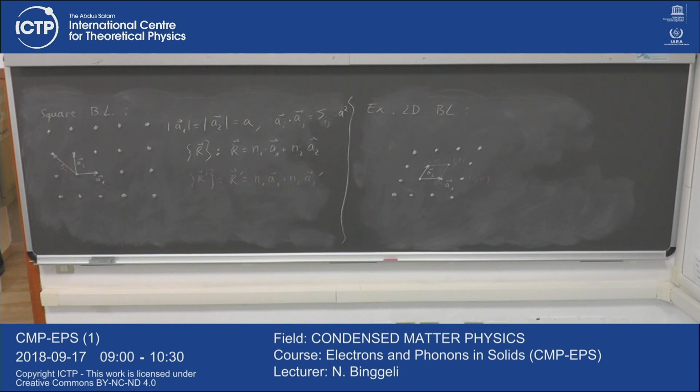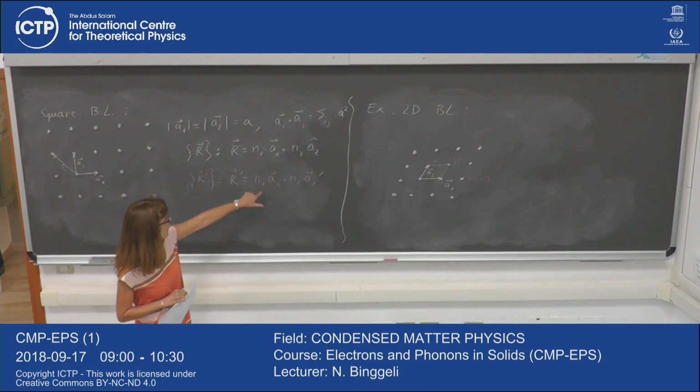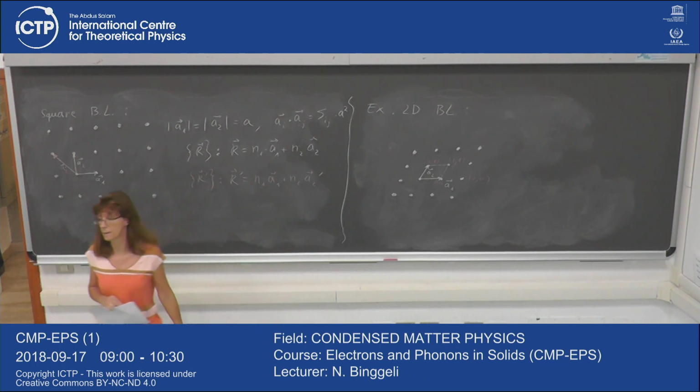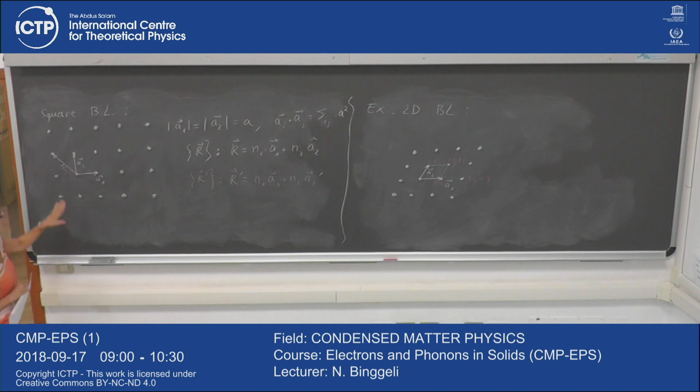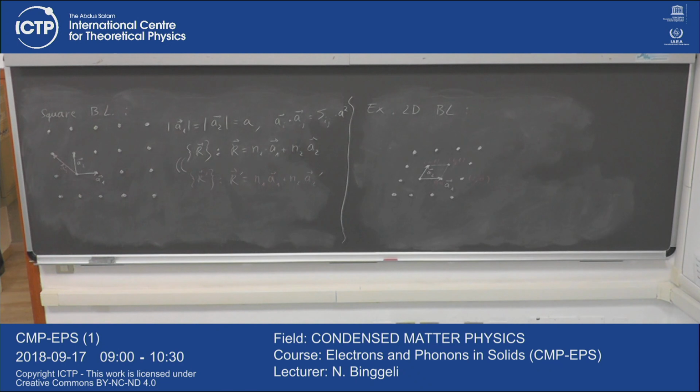Okay, for everybody? So if I construct the points R prime with this, I will map the same Bravais lattice. I will generate the same points. So this gives exactly the same set of points.